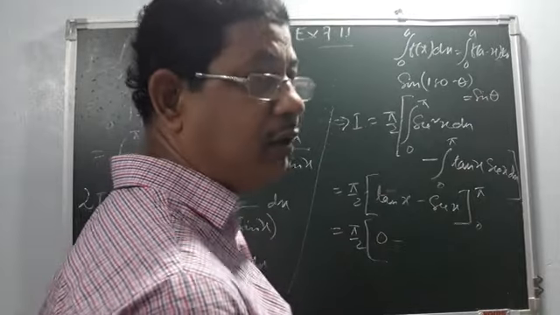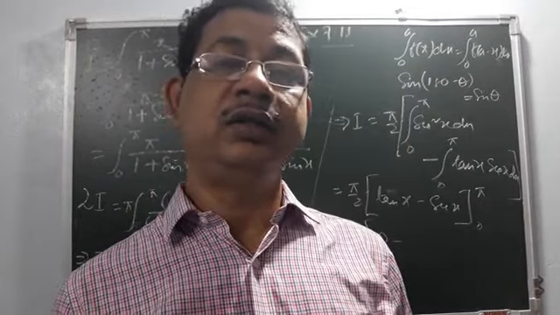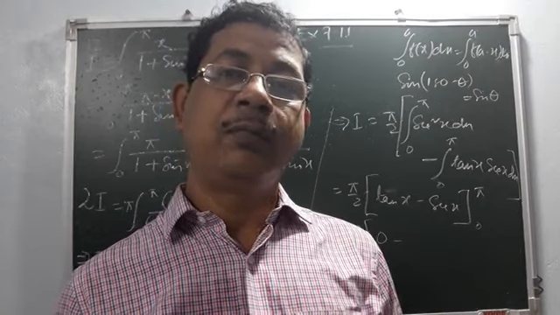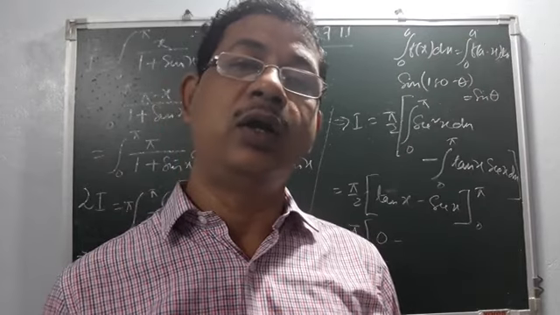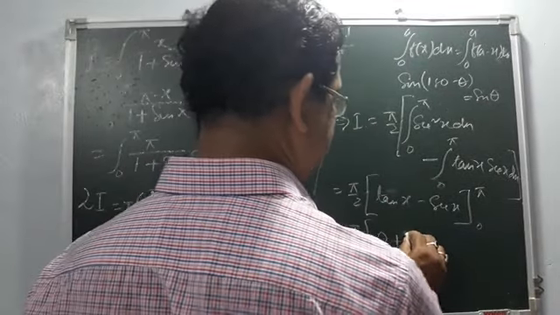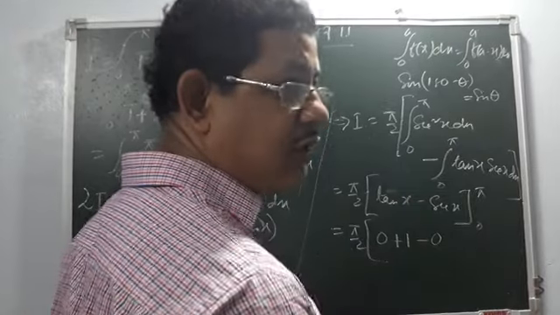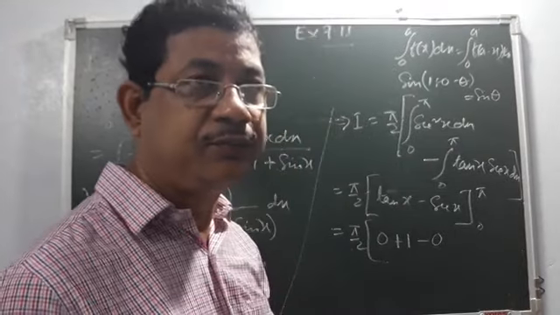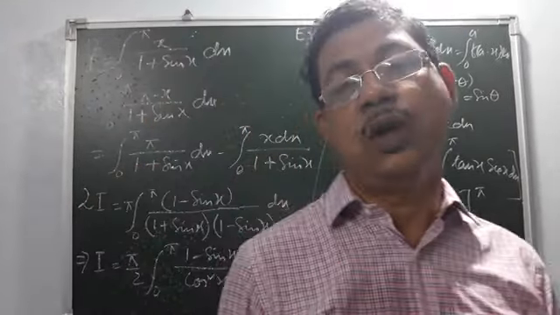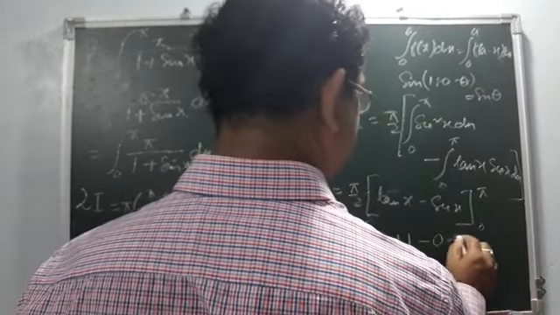Sec 180: you know cos 180 is minus 1, so sec 180 is also minus 1. So minus minus gives plus 1, minus tan 0 which is 0, and sec 0: cos 0 is 1, so sec 0 is also 1. So again minus 1.